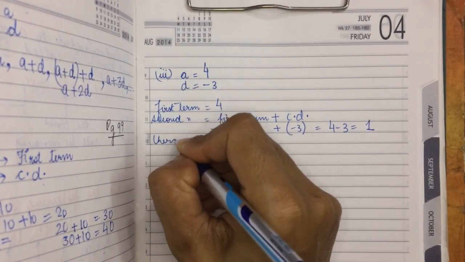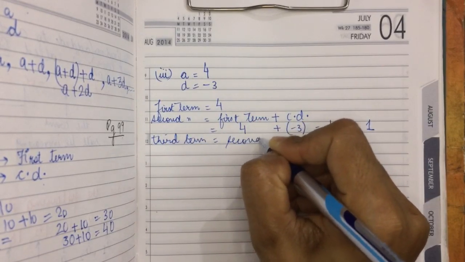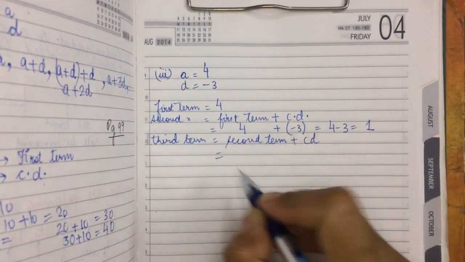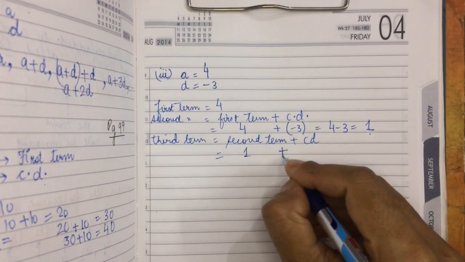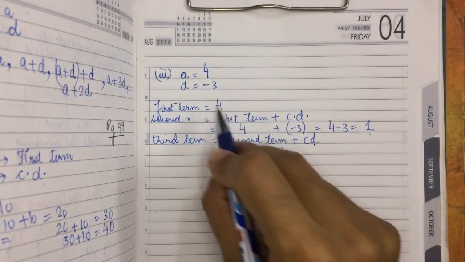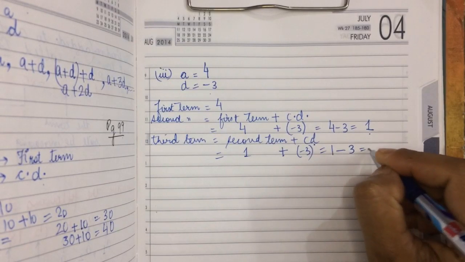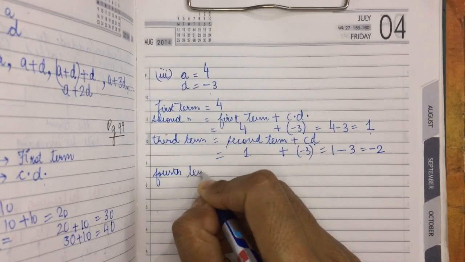Then we need to find out the third term. It will be given by the second term plus the common difference. So the second term obtained is 1 plus the common difference minus 3. So this is 1 minus 3 equals minus 2. And then we need to find out the fourth term.